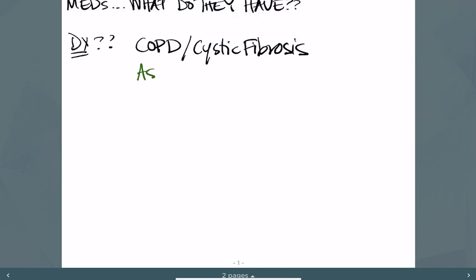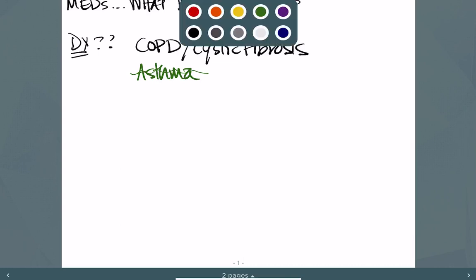Could be asthma. Asthma would have bronchodilators. It's a little bit less common for an asthmatic to be on an oral steroid. More often, those asthmatics are put on an inhaled corticosteroid. So I would say asthma is probably less common, but a good guess for someone who's on a bronchodilator.